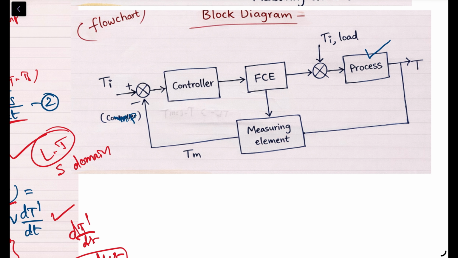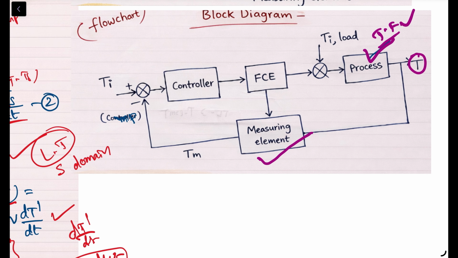So now let's see the block diagram. Till now we have finished the process transfer function. We define the process transfer function because based on the input and output only, we can identify the transfer function. Now we need to derive the transfer function of the measuring element. In any control system, after the process produces an output, we need to measure that output.